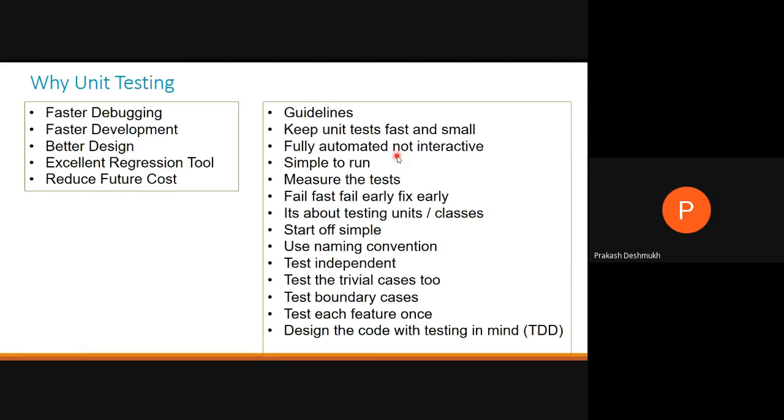February 29 is one example, or the 31st date of every month. Such boundary cases which come up, try to test those also. Then test each feature at least once. And yeah, it's more like TDD, test-driven development. These are some of the guidelines which you can try to use.